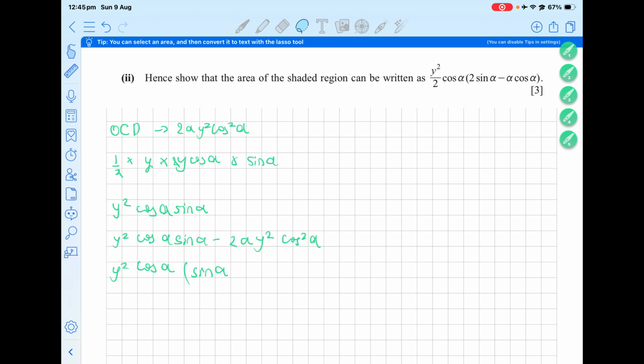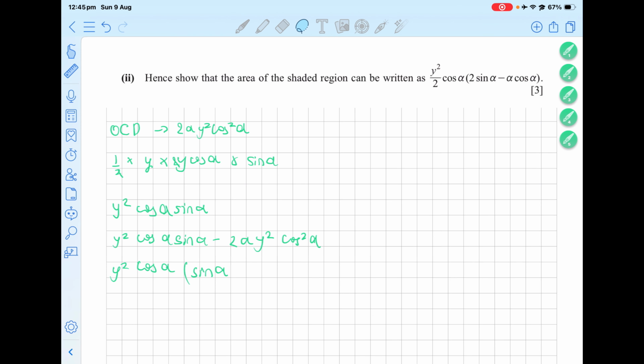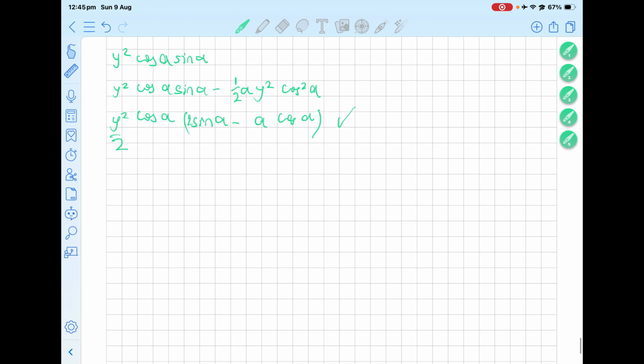So this should be half, I think, because if you factor out the 2, this becomes the 2, and then the y squared removed, and you're left with a cos alpha. Yeah, very complicated.